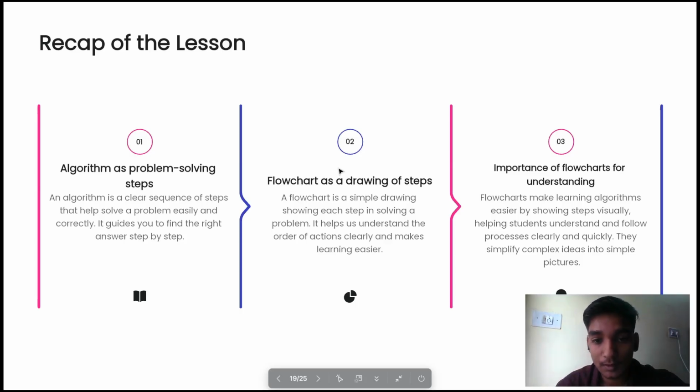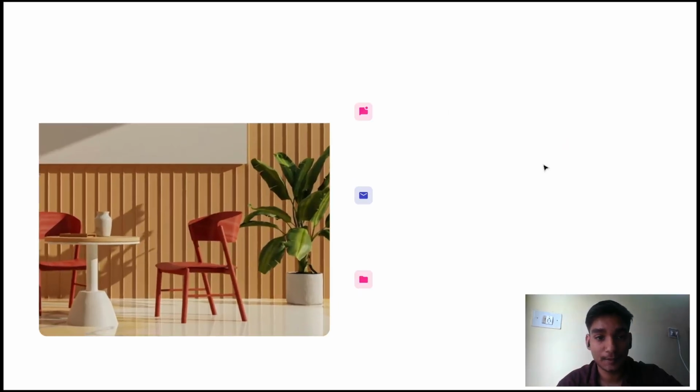Flowcharts as a drawing of steps: a flowchart is a simple drawing showing each step in solving a problem. It helps us understand the order of actions clearly and makes learning easier. Importance of flowcharts for understanding: flowcharts make learning algorithms easier by showing steps visually, helping students understand the flow process clearly and quickly. They simplify complex ideas into simple pictures.